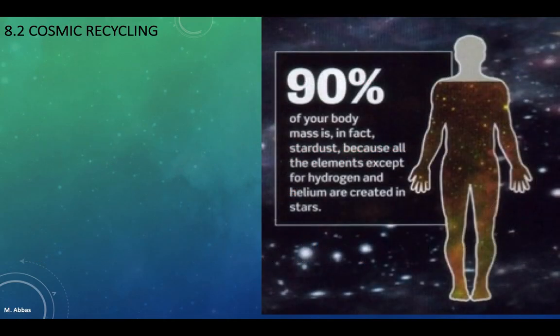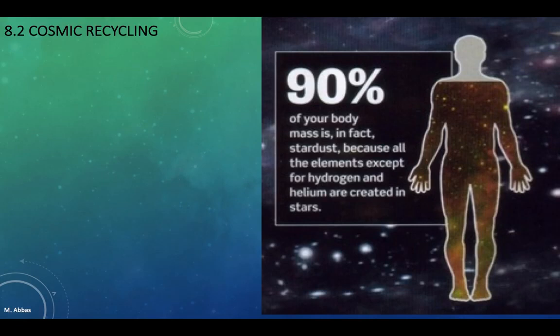And just know that 90% of your body mass is actually made from elements that were formed in stars, because everything except hydrogen and helium is created in stars. So when you look at the human body and you see that it is made from carbon, nitrogen, iron, all these things, you realize these elements were made in stars and somehow made it to our human bodies.